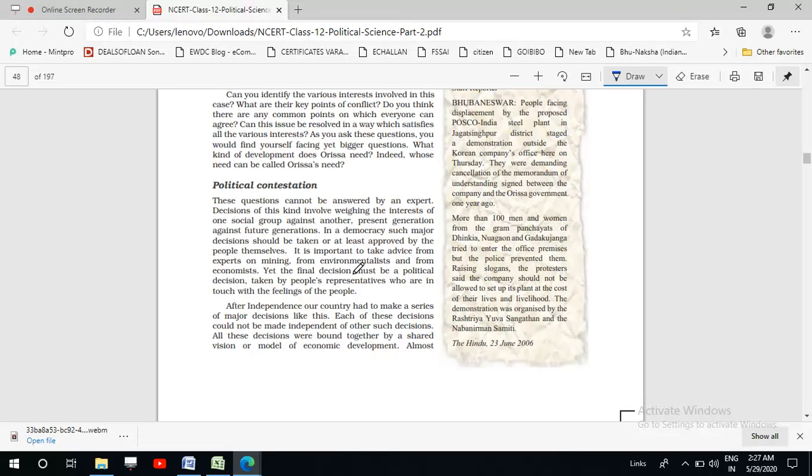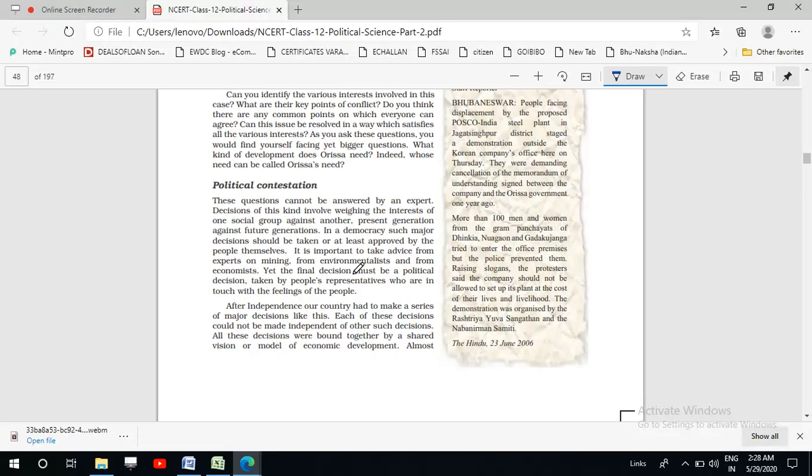They have generalized knowledge. They have the understanding of the feelings of the people. They know the needs of the people. They know the interests of the people. So they are more able to take a decision which will be in the larger interest of the people.